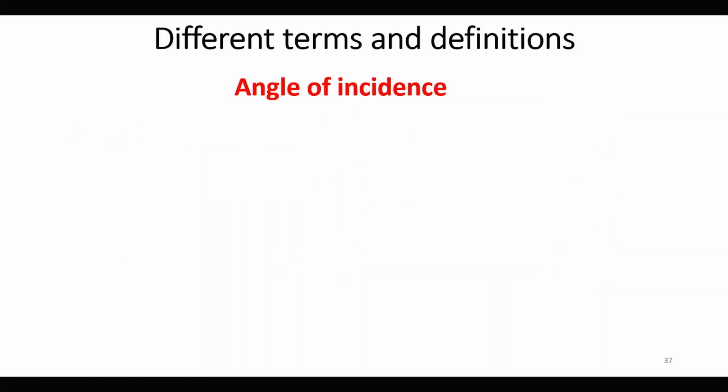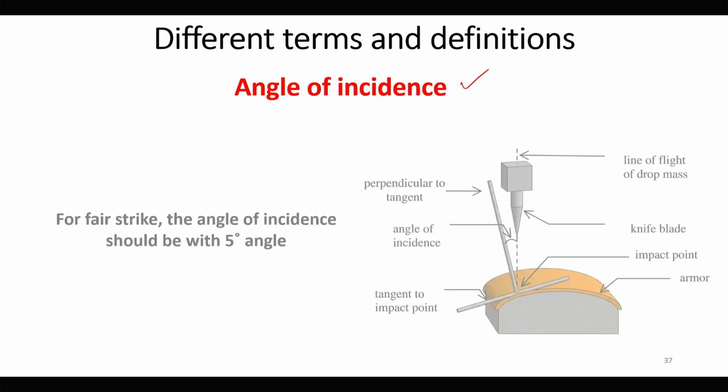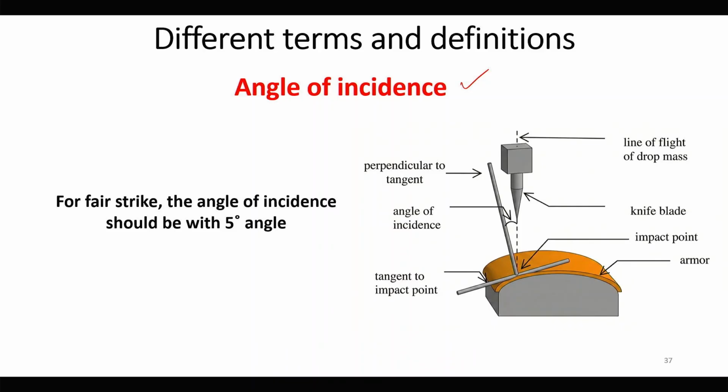Next important parameter is the angle of incidence. Like in ballistic protection, we have seen the angle of incidence in testing is very important. Here also, in stab protection, angle of incidence is very important in the standard.